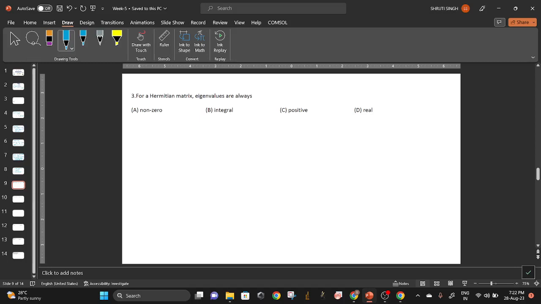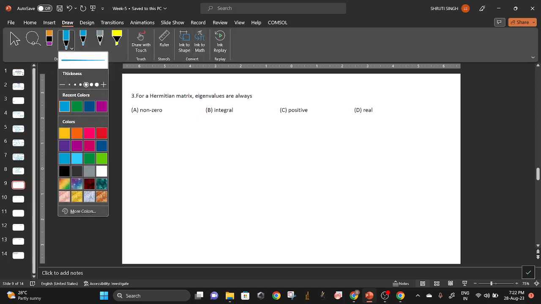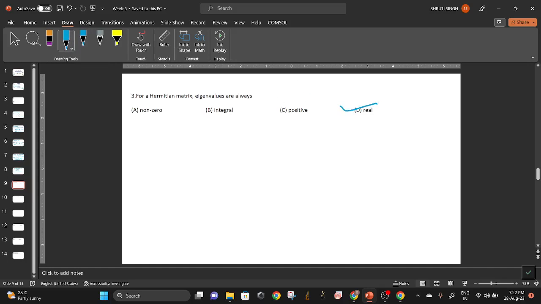Can you prove this one? This is also done in quantum courses. So eigenvalues are real. Why? Because the diagonal elements are real.